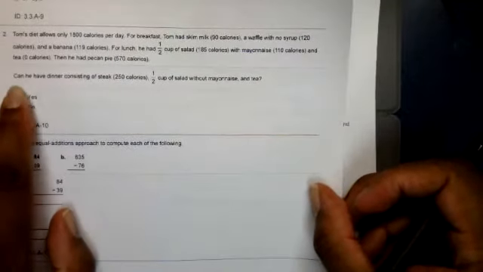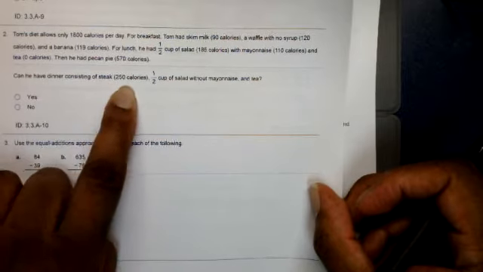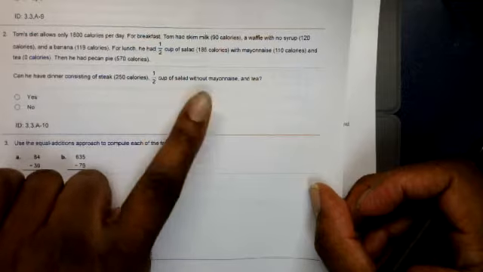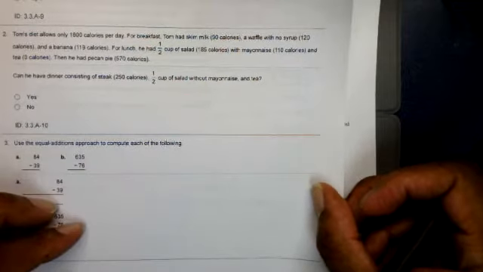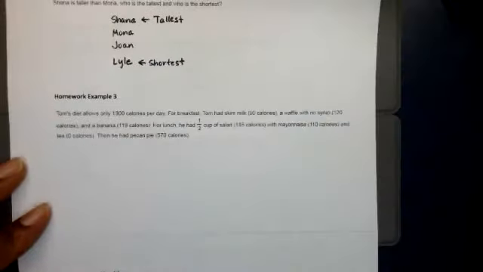And I did forget to add this part right here. This is the actual question. Can he have dinner consisting of a steak that's 250 calories, half a cup of salad without mayonnaise, and tea? And he's allowed only 1,800 calories per day.